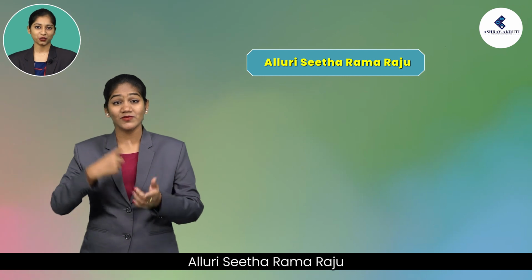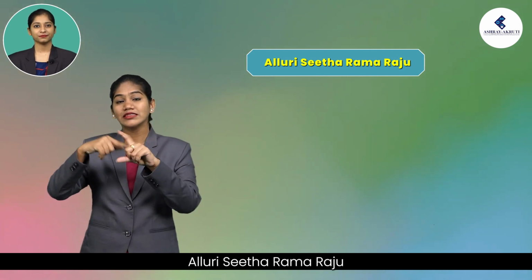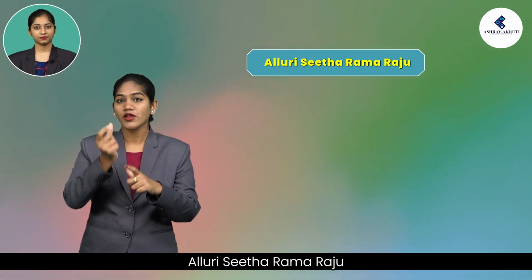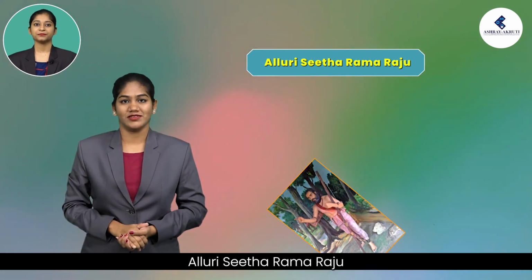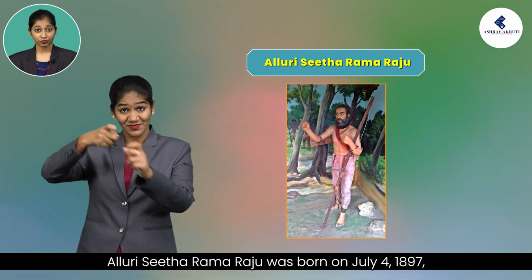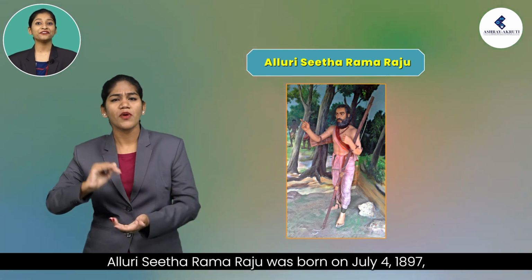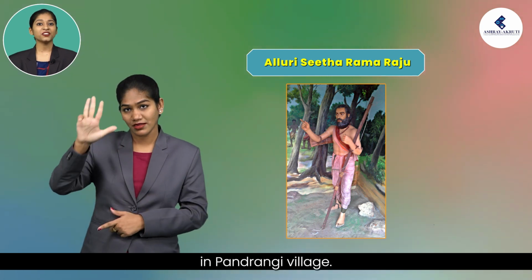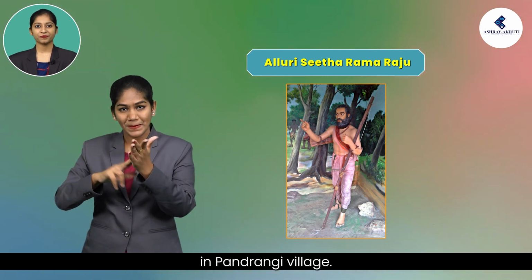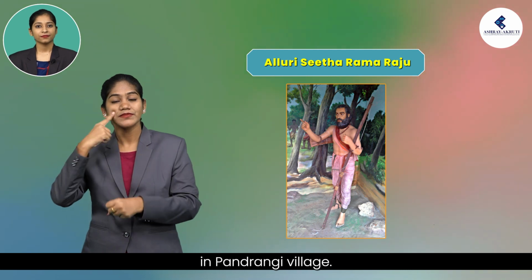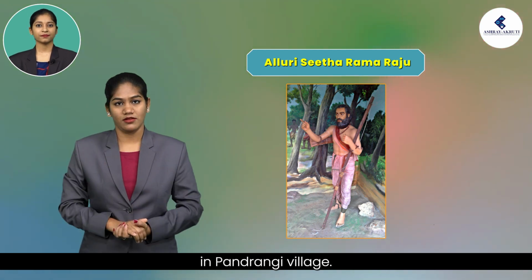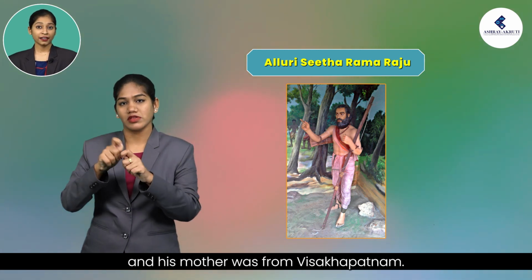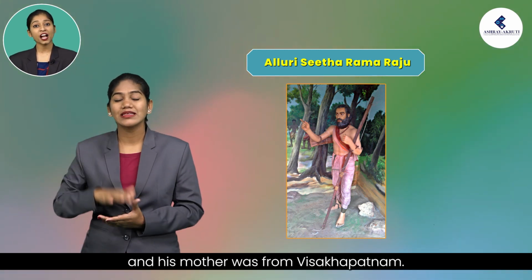Alluri Sita Ramaraju. Alluri Sita Ramaraju was born on July 4th, 1897 in Panrangi village. His father was a photographer and his mother was from Visakhapatnam.